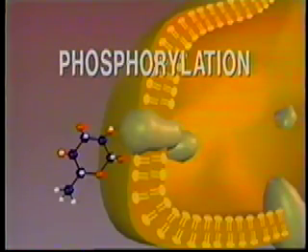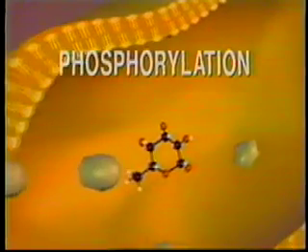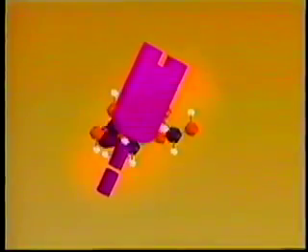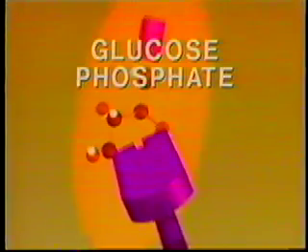Now for the details. In the first reaction, called phosphorylation, a phosphate group from one ATP is transferred to glucose, producing glucose phosphate and ADP.